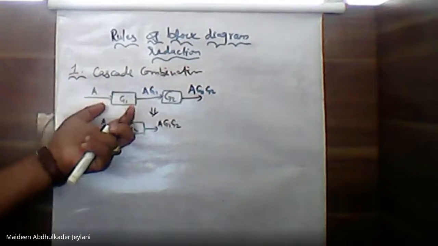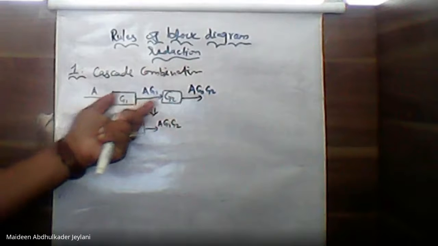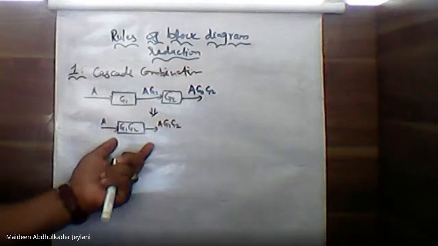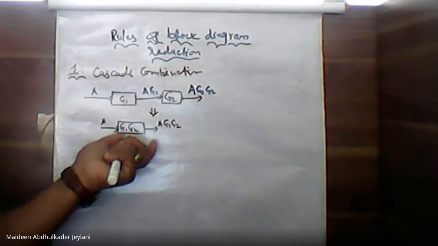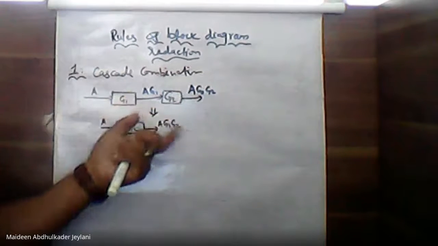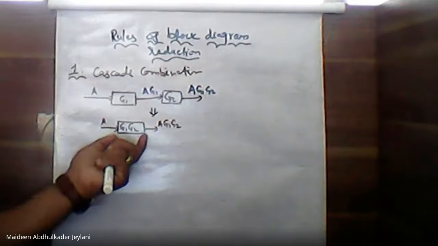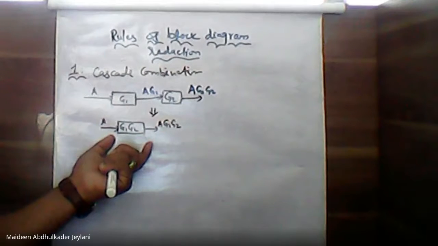So now you can understand that the separate blocks have been constructed into a single block. If it is a series combination, they can be directly multiplied by each other to get a single block. This is rule number 1.